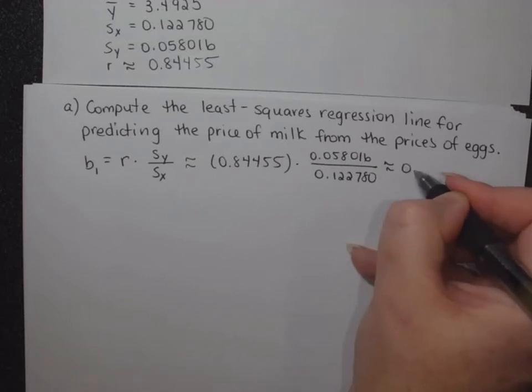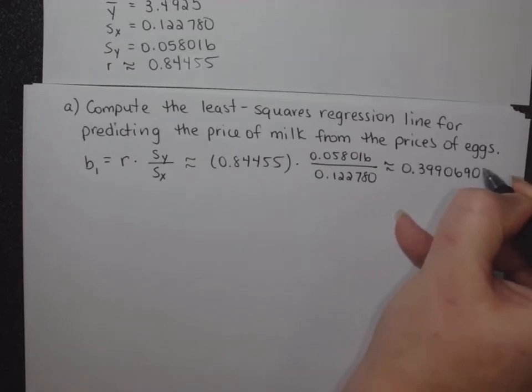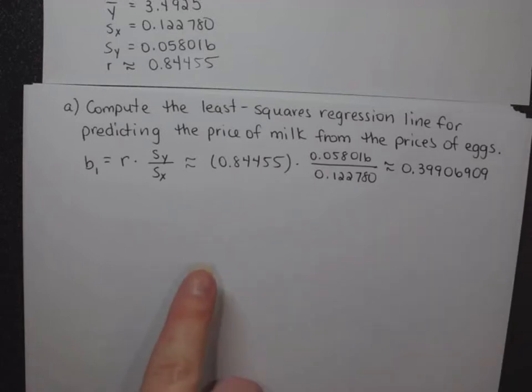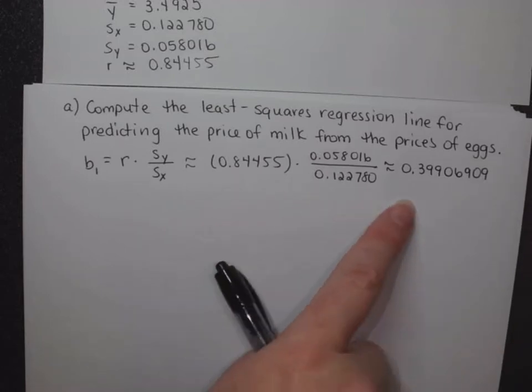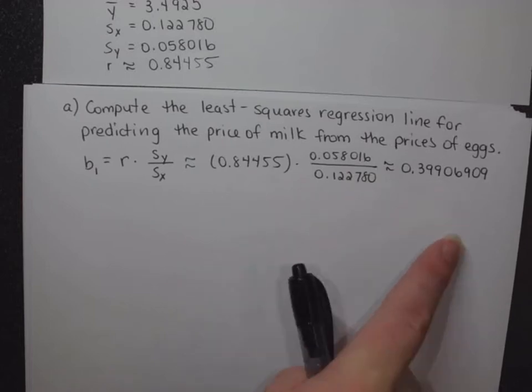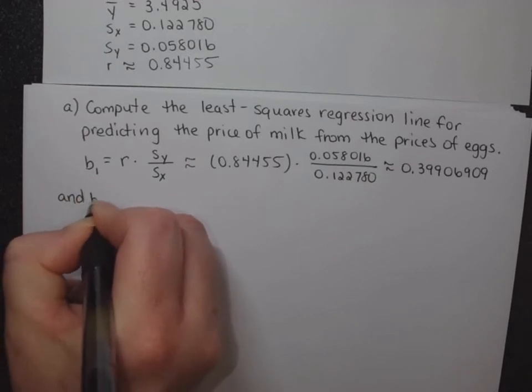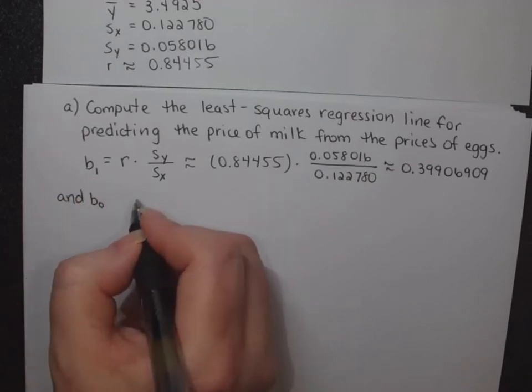And we're going to get 0.39906909. I only had 6 decimal places for the last problem, but notice I used 6 for all of these, but I'm still going to go ahead and use 8 here just to make it a little bit more accurate, because my final answer is still going to have 4 decimal places.